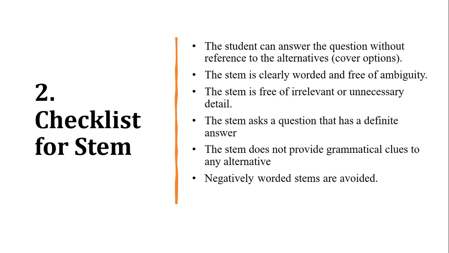Then in the alternatives, you put 3 distractors in singular, then 1 distractor in plural. So this is a clue for the correct answer. And also a negatively worded stem should be avoided.